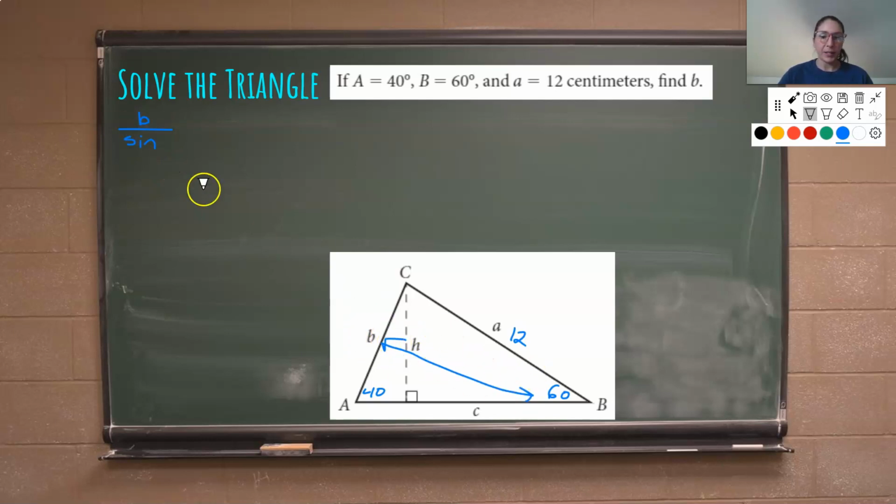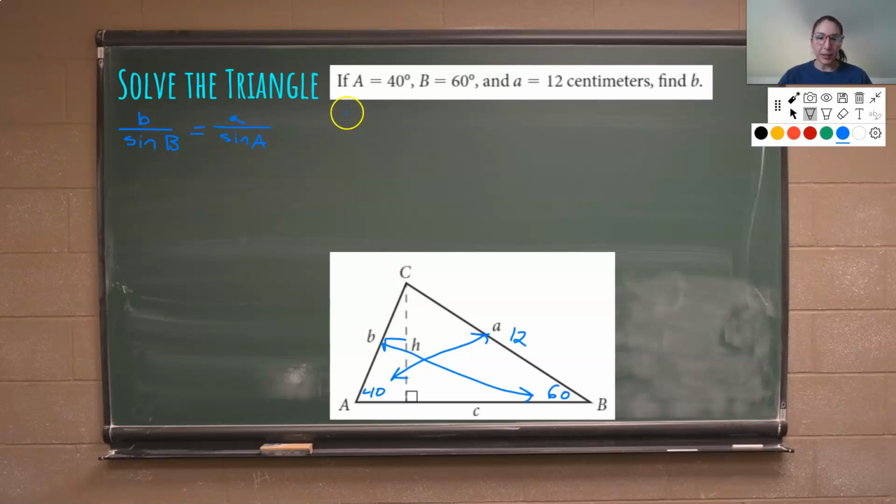Little b over sine of big B equals little a over sine of big A. And you might ask, where did c and sine of c come from? Well, we don't necessarily need that. We don't have to use all three at the same time. The equation is just letting you know, pick whatever two opposite side and angle pairs you want to use, and it all works out.